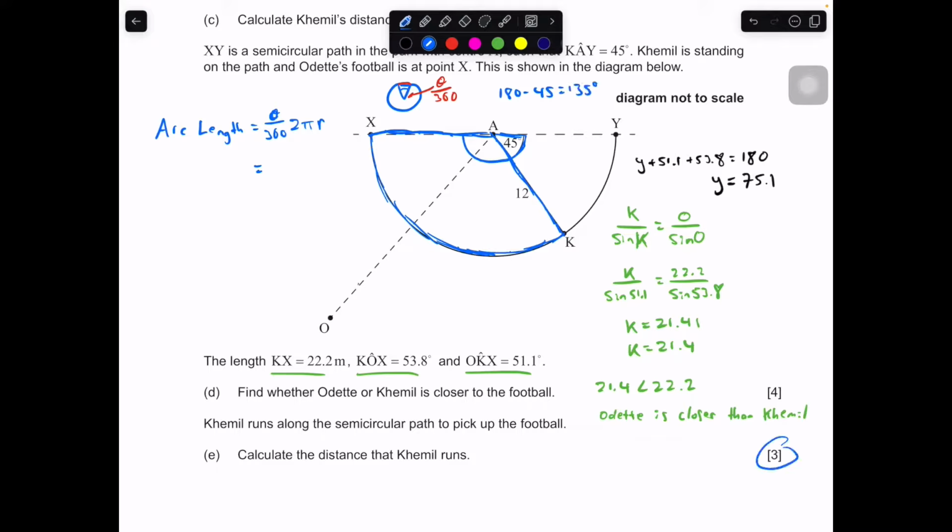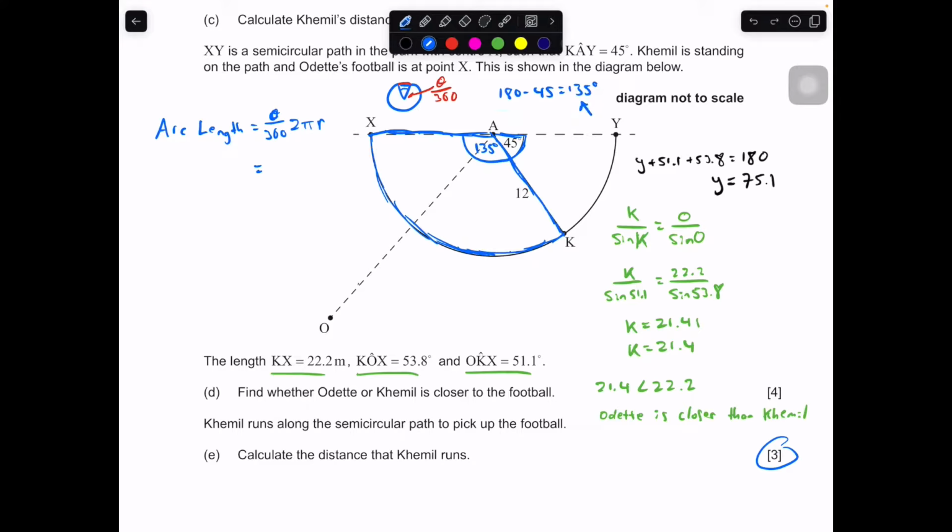For a 3-mark question, they would likely want to see that, and given that you're writing in a booklet, it wouldn't be enough just to write it on the diagram. You're going to want to show that simple process.